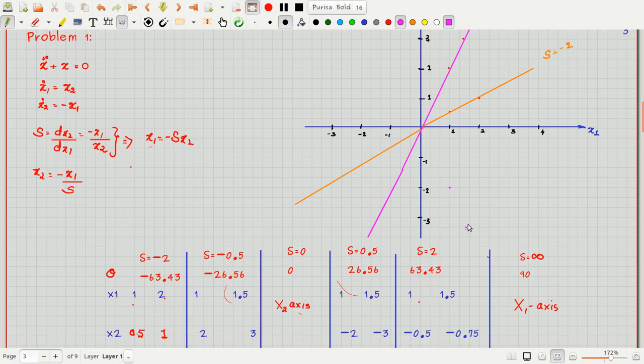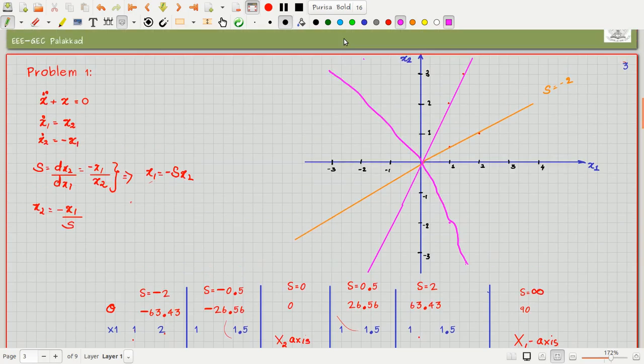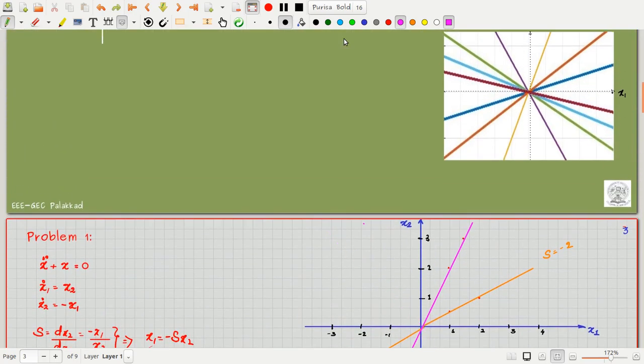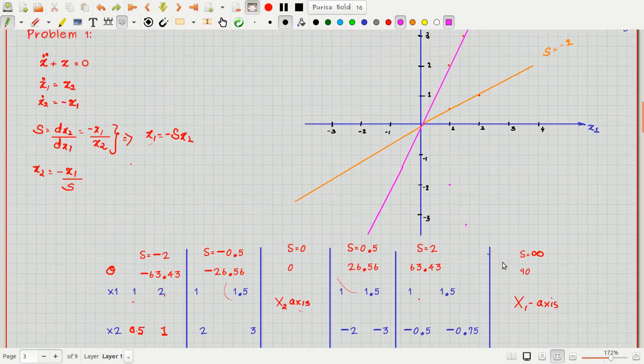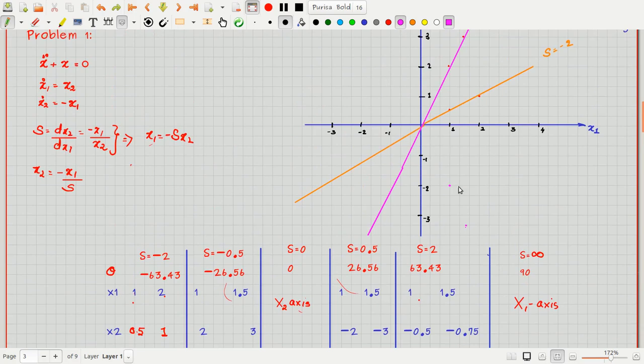So this is another line here. I can draw this together. This has to come out as a straight line. I'll try to make it a straight line. Okay, it came out as a straight line, and then I have to extend it.